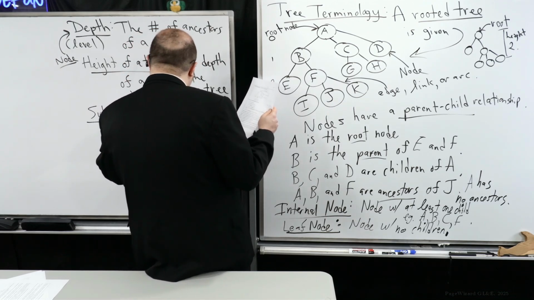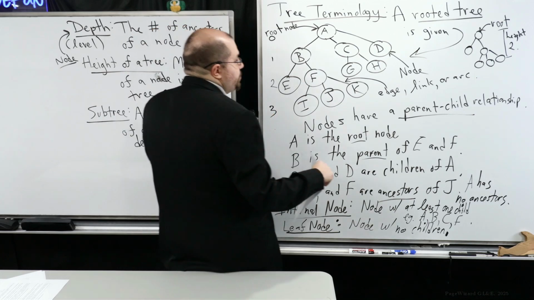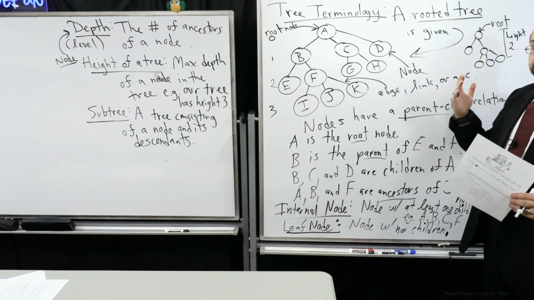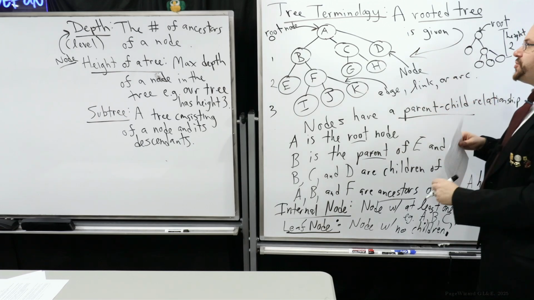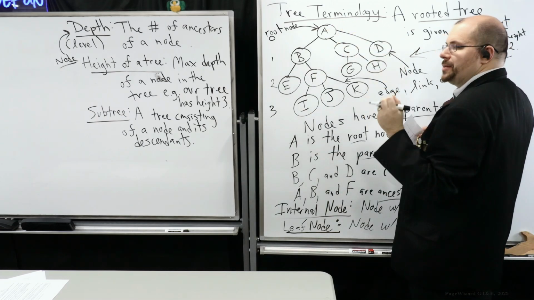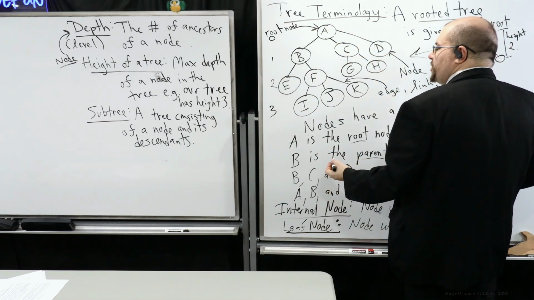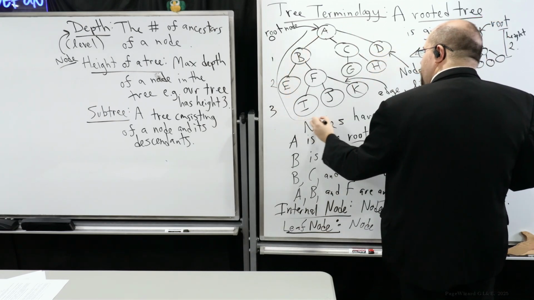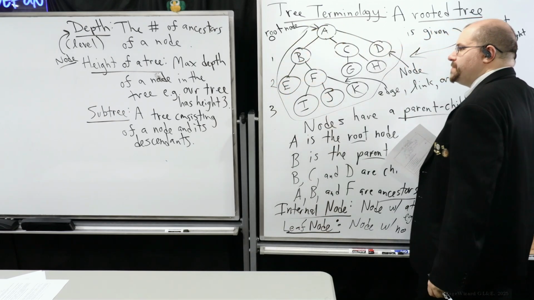For example, if I wanted to talk about a subtree, now keep in mind, a tree itself can be its own subtree if you consider the node that is the root node. So the subtree of A would be all of this tree.